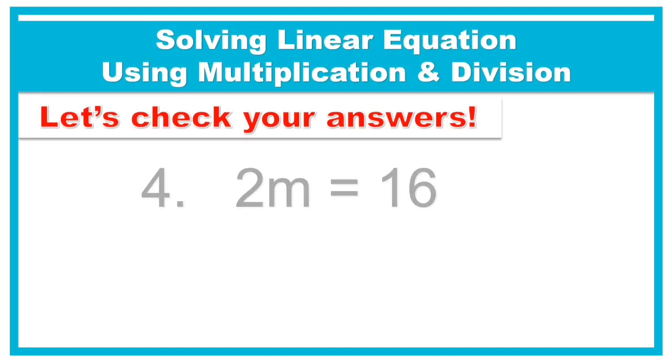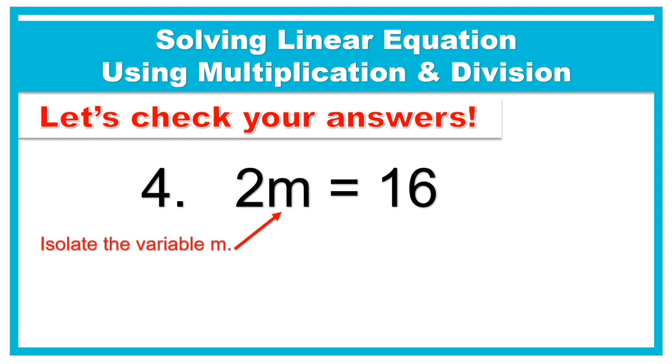Let's check your answer in number 4. 2m equals 16. Again, our goal is to isolate the variable m. How are we going to isolate the variable m? Since the given is using multiplication, we have to undo it by using division.